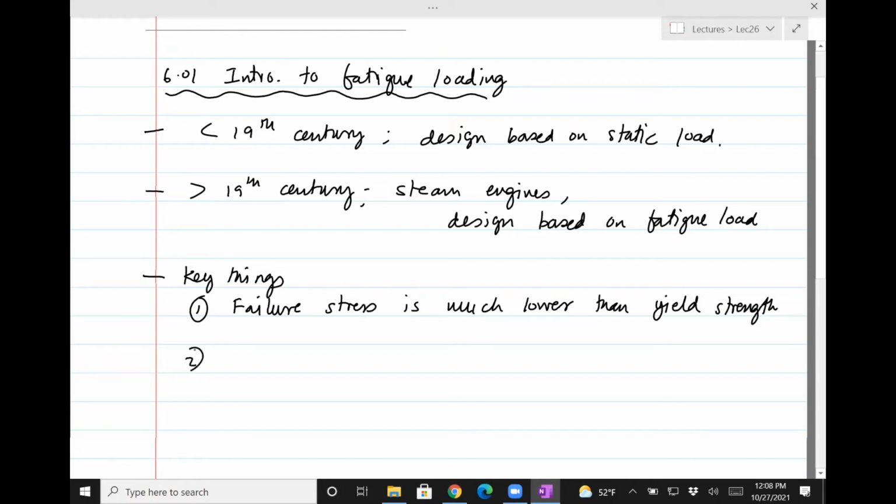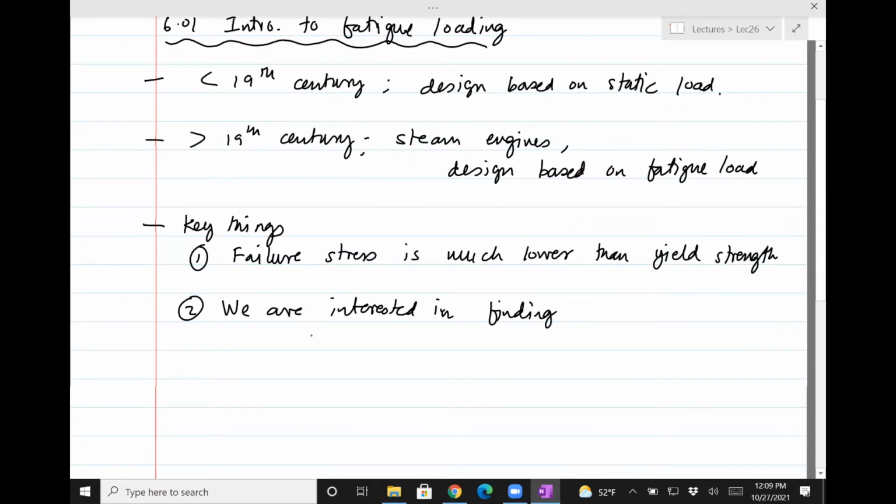That's one thing. Second thing is we are interested in finding, empirically or using some theory, the load, or let's say the stress, at which fatigue failure occurs.